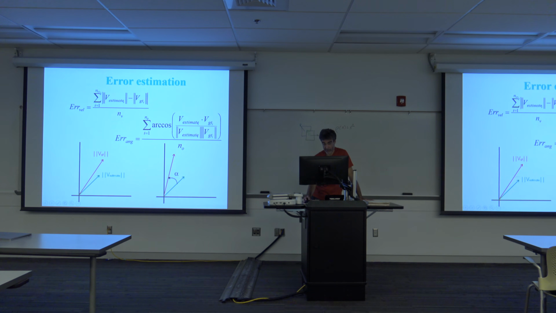Now for all the pixels that I have in the image, I need to compute the distance between that norm and that norm. So that would be the norm of this difference of norms. This is the norm of V estimate for the ith pixel, minus the norm of the ground truth for that pixel. I subtract these 2, and now I compute either the absolute value or the square or whatever I'm using.